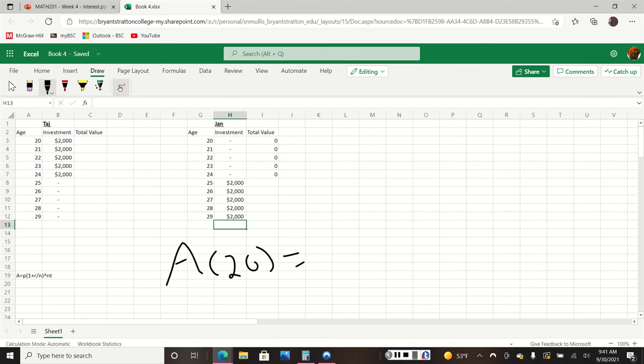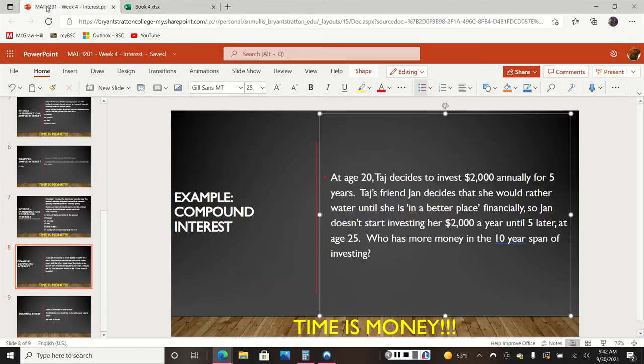So we know that the principal amount is that investment that she's putting in. So 2,000. And we're going to put 1 plus the rate. The rate is 11%, I believe. It doesn't say, but the rate that we're using is 11%.